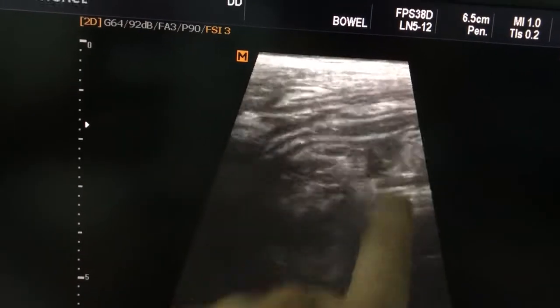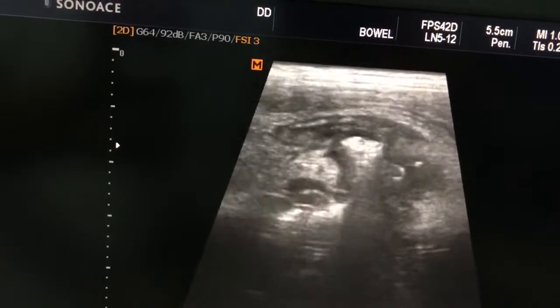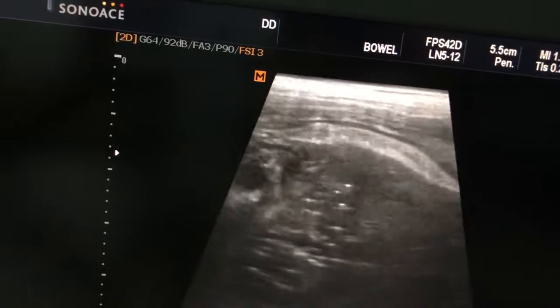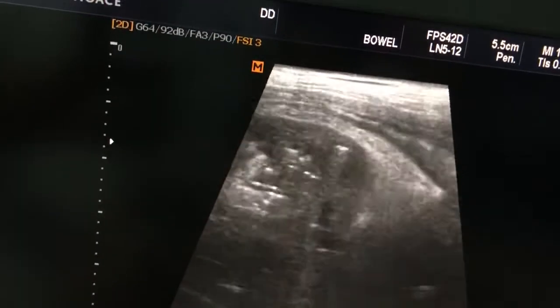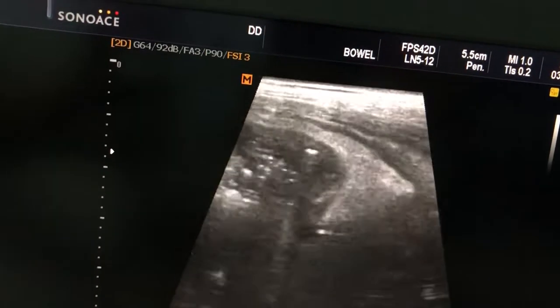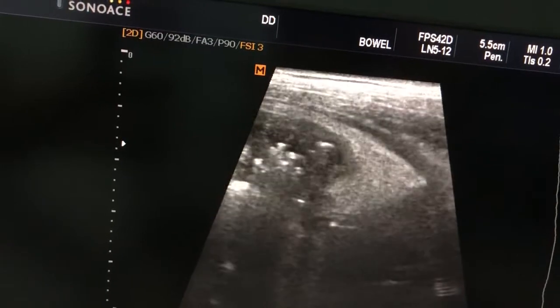This is the longitudinal section of the appendix. And this omentum fat, the mesentery surrounding the appendix, is very much hyperechoic and suggestive of inflammation.